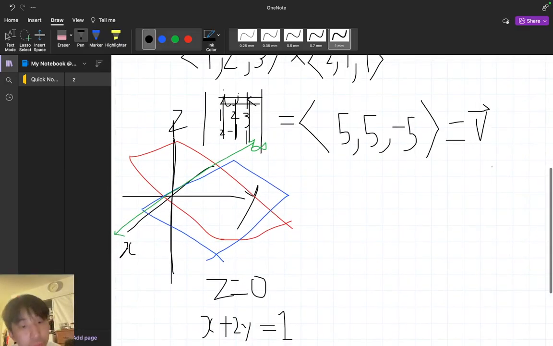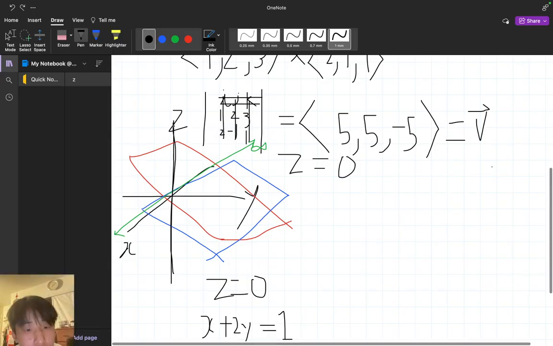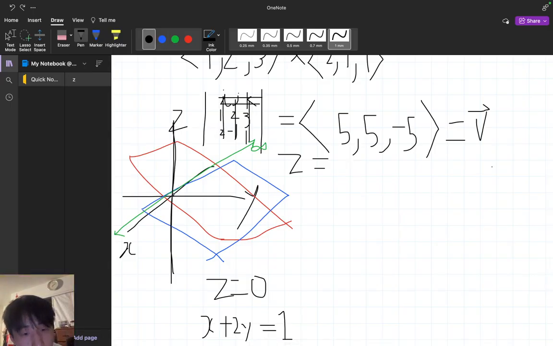So then if we draw it as a plane z equals 0, it would extend to the x and y, or no, if z equals 0, it would look like this. It would literally look like the x and y plane, right?